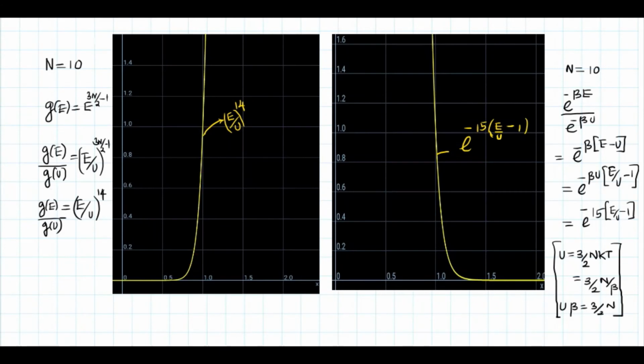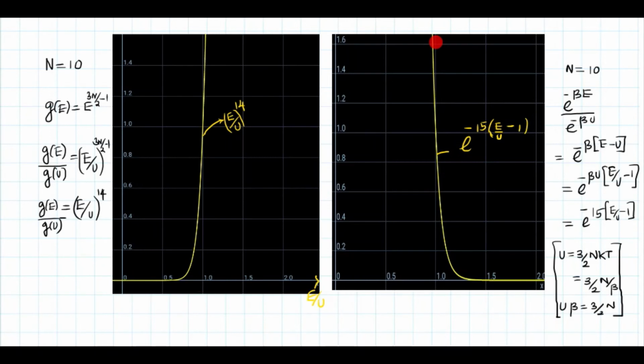Okay, this is the actual plot of e by u raised to 14. On this x-axis, it is e by u. When e by u is equal to 1, the value will be 1 raised to 14, which is 1. And then as e by u increases, it rapidly increases.